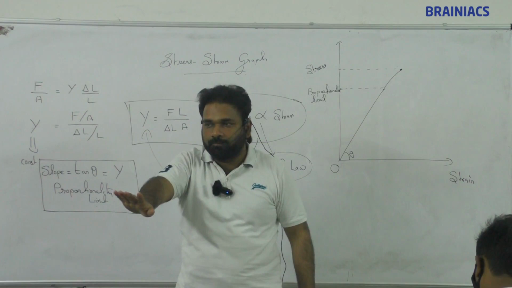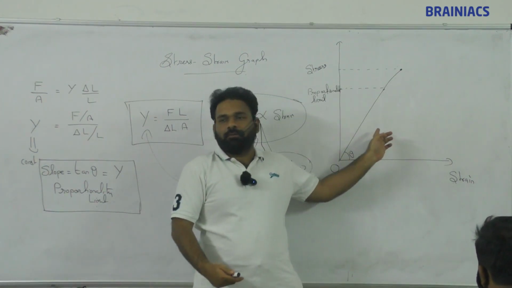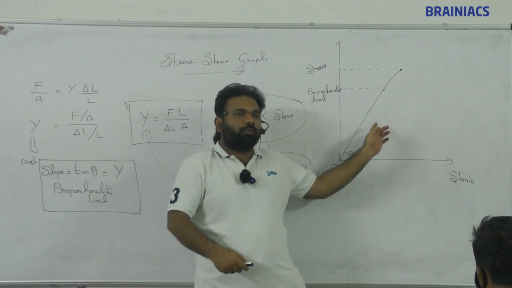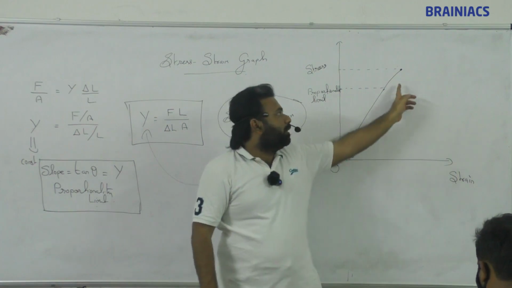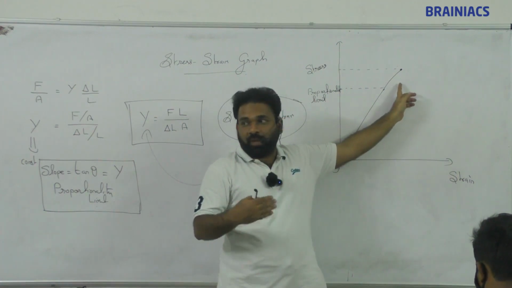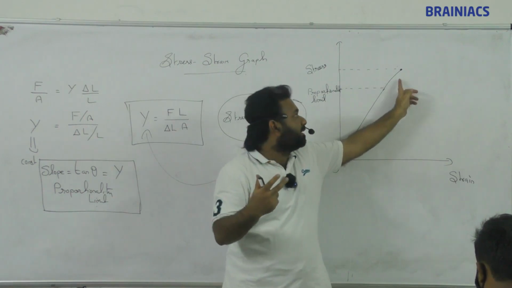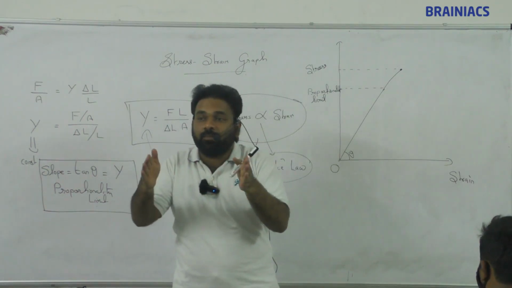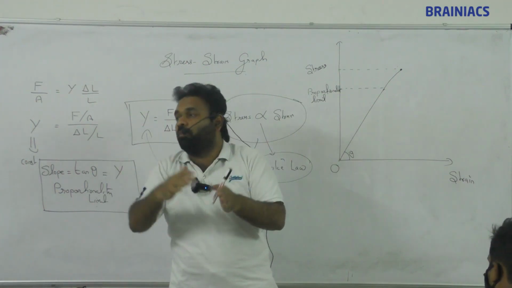A bit of teasing, a little anger, a bit more teasing, more anger, again it will come back to normal. Here the change in dimension is not proportional. The change in dimension is a little bit more.